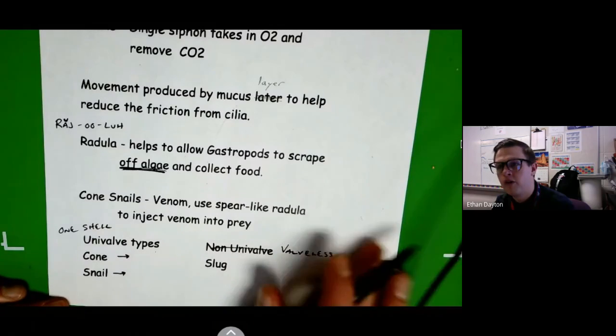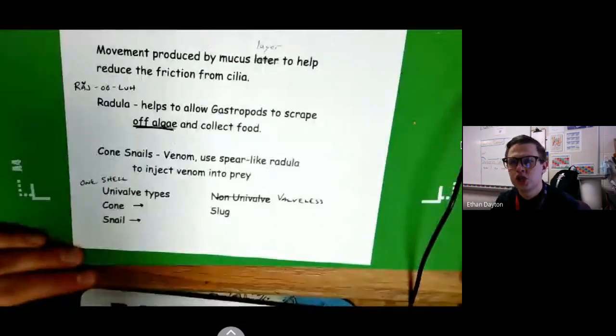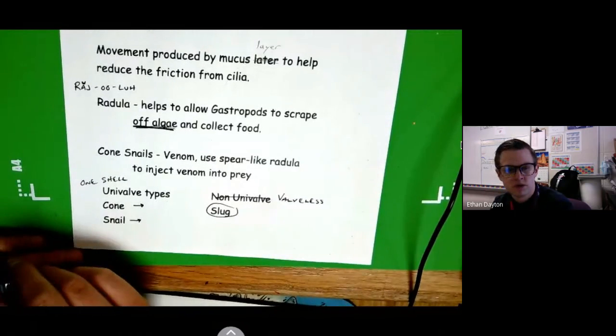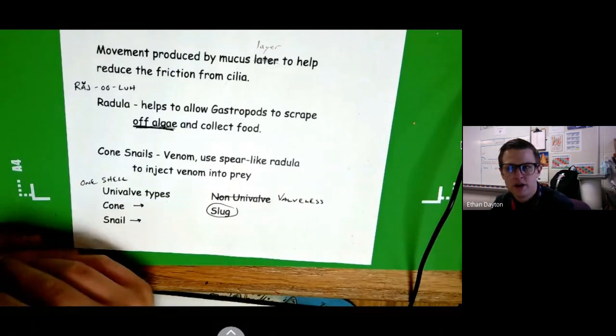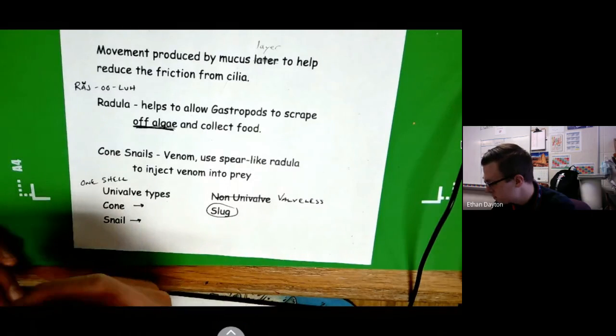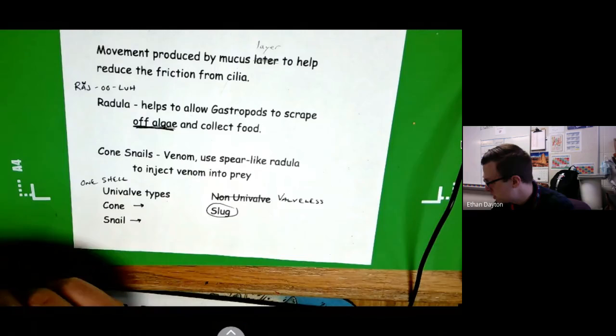Now, the only valveless, the only shell-less gastropod we know is a slug, okay? It essentially looks like a snail without a shell, basically. What else?